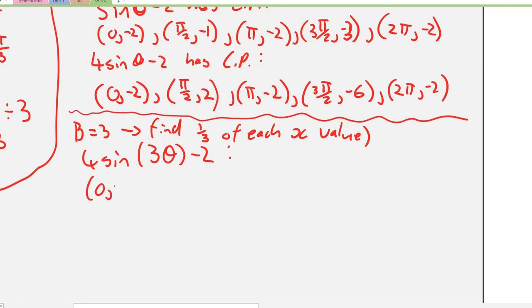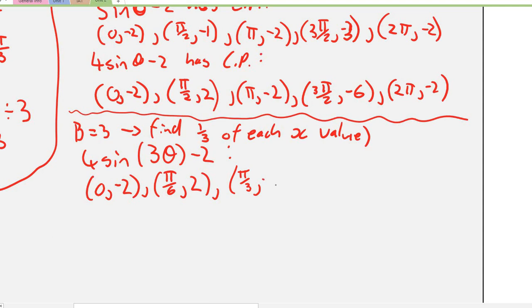When you divide 0 by 3, what do you get? 0, that's right. When you divide pi on 2 by 3, what do you get? Pi on 6. When I divide pi by 3, what do I get?